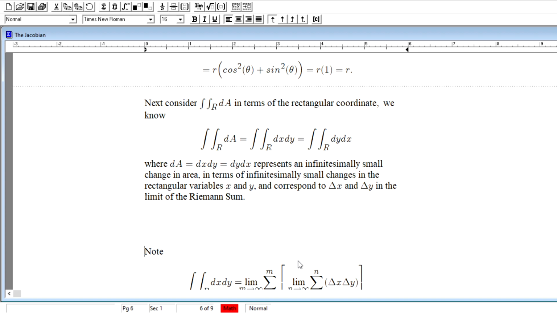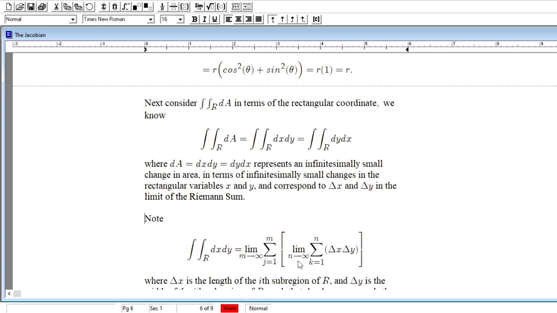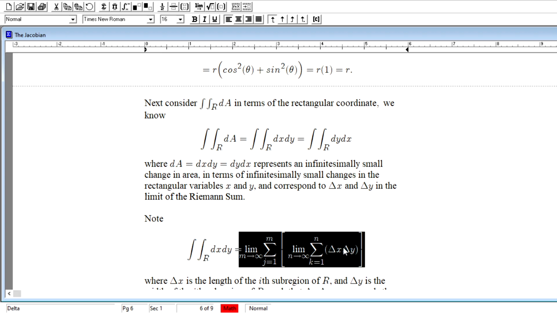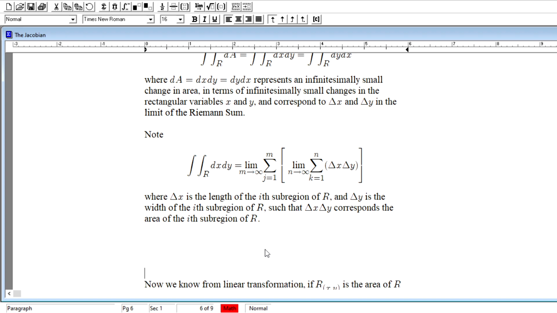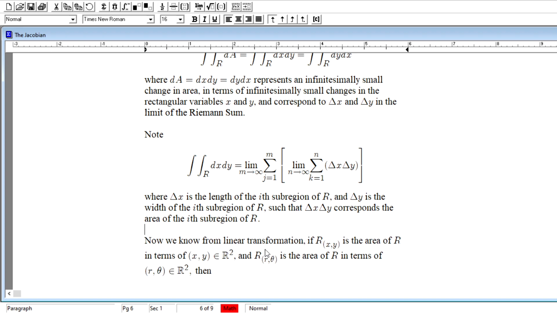If we consider the Riemann sum in this case, we would note that the double integral over region R with respect to x and then with respect to y might be represented as this double Riemann sum seen here, where delta x represents the length of the ith subregion of R, and delta y is the width of that ith subregion, such that delta x times delta y gives us the area of the ith subregion of R. And what do we know about how the ith subregion of R relates to the area of the ith subregion of P?